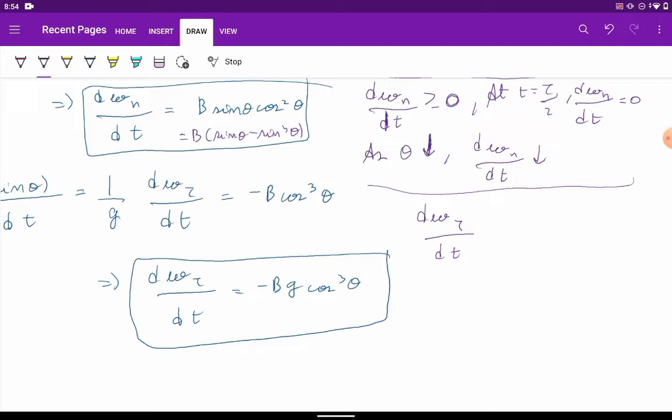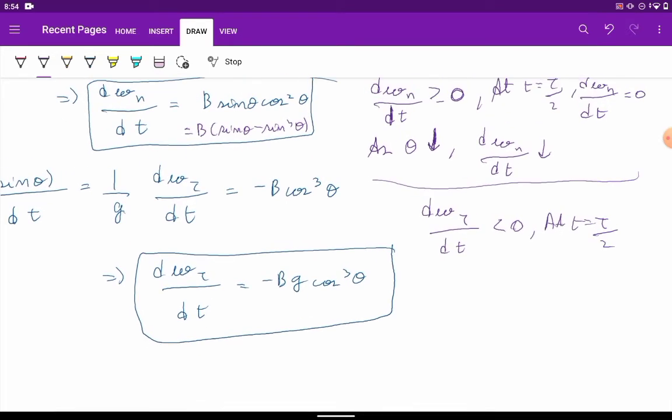And at t equal to tau by 2 theta is 0, so it becomes minus bg, so it is always negative, right? And at t equal to tau by 2, dw tau by dt is equal to what? Minus b, right?